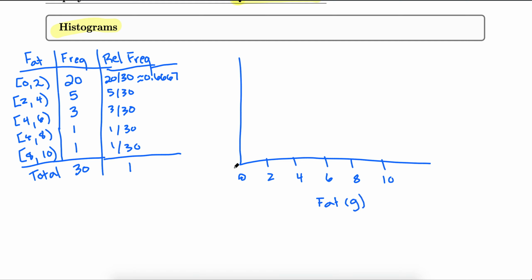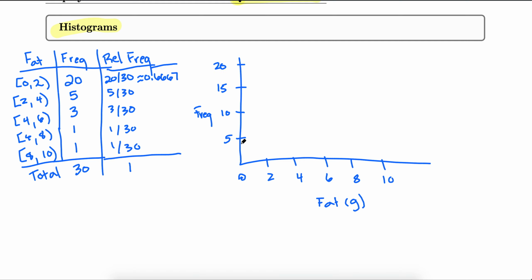The vertical axis, again, we can label it with frequency or relative frequency. It will have the same shape. So I'll keep it simple as frequency. And it goes up to 20 for the highest. So I'll count by 5s again: 5, 10, 15, and 20.